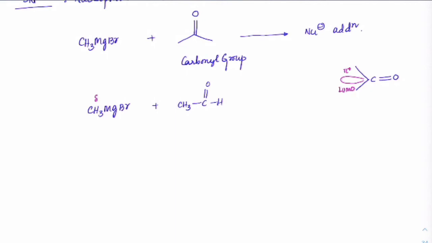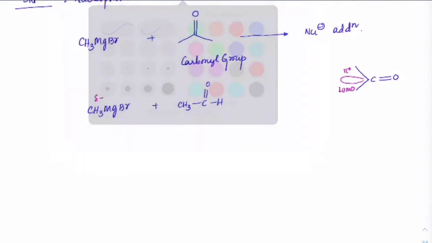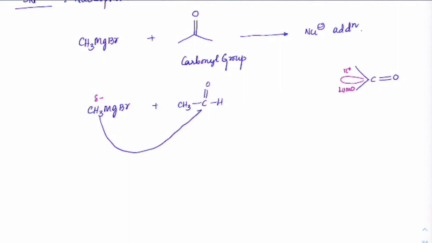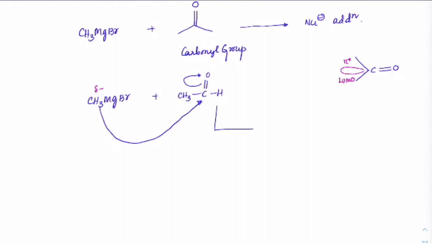And you know that CH3 is highly negatively charged or highly polarized, so it would act like a nucleophile. So CH3 minus will attack as a nucleophile here. As soon as CH3 minus attacks, the pi bond between carbon and oxygen breaks, which leads to CH3CH(CH3)O minus.